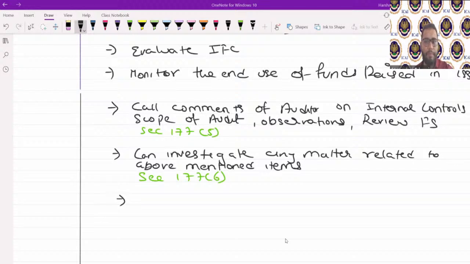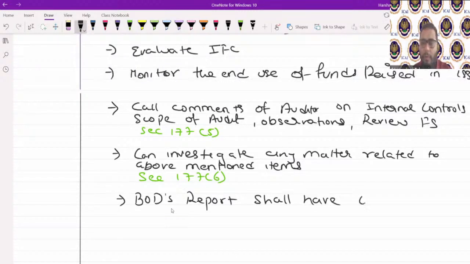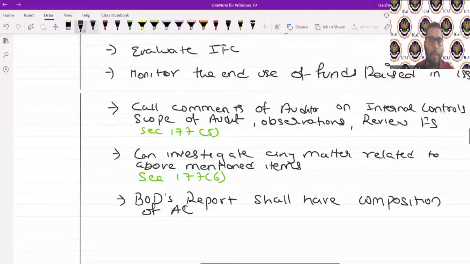So the BOD's report shall have the composition of the audit committee in the company. BOD's report shall mention the composition of the audit committee.